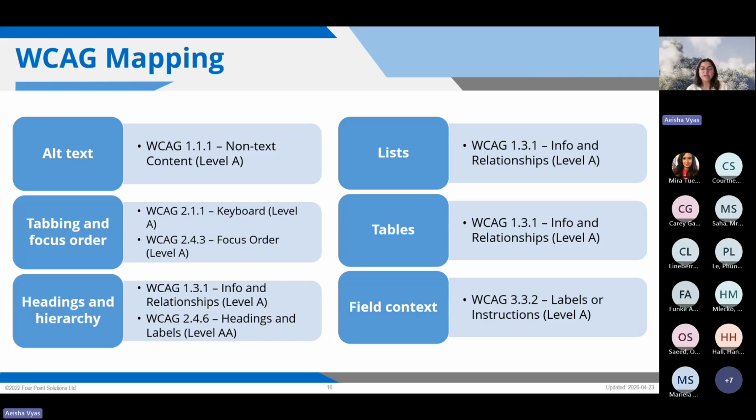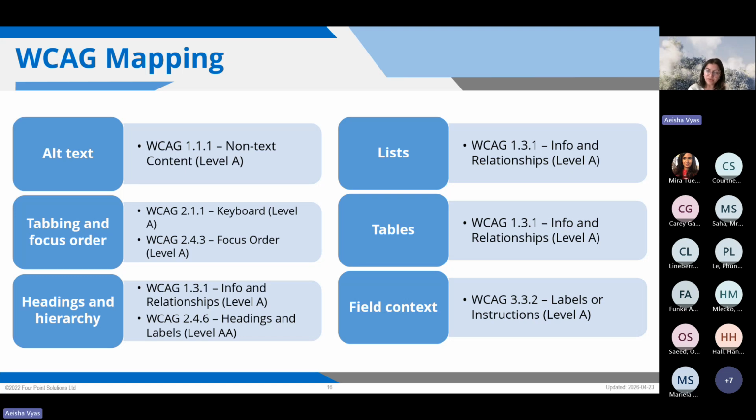When we added or corrected alt text to a logo, we were addressing WCAG 1.1.1, ensuring that non-text content such as images or graphics is available to users who can't see it.